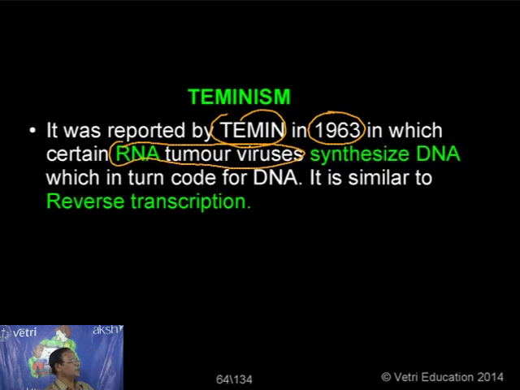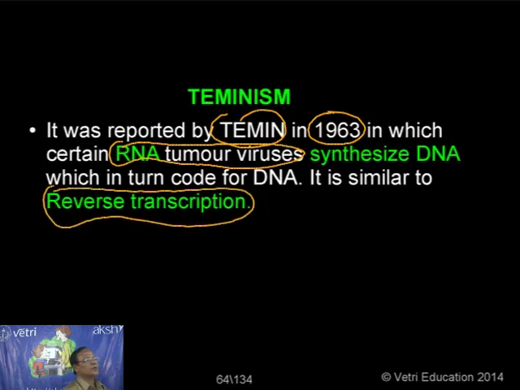So in the case of RNA tumor viruses, there is the ability to synthesize complementary DNA, which codes for the synthesis of normal DNA. This is what is happening. If DNA has been synthesized under the direction of RNA, then we can say this is a reverse transcription process. So, the synthesis of DNA by RNA is an example of reverse transcription, and so also Temin-ism is an example of reverse transcription.